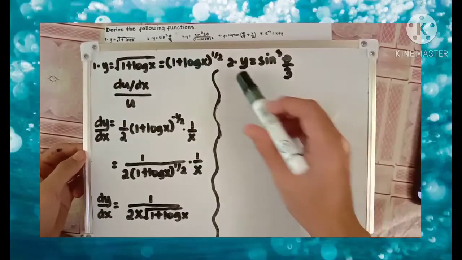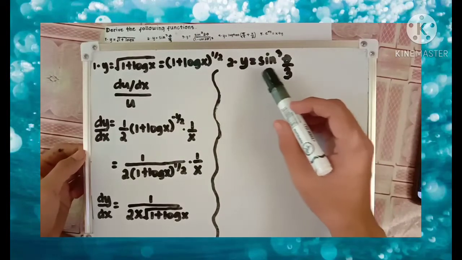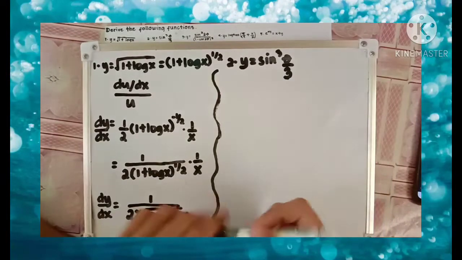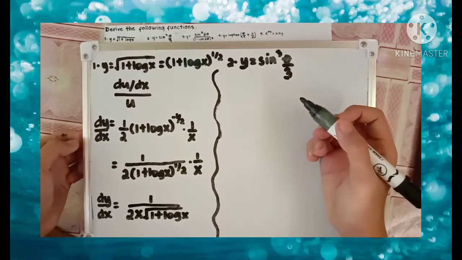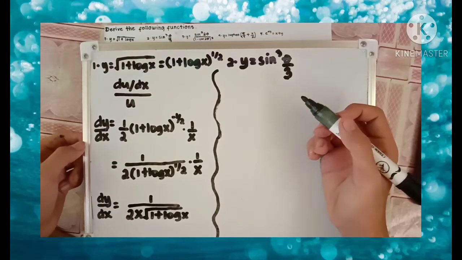So guys, let's proceed for problem number 2. Y is equals to sine cube theta over 3. So in this case, nasa trigonometric function siya. So ang gagawin lang natin dito is mag-chain rule.